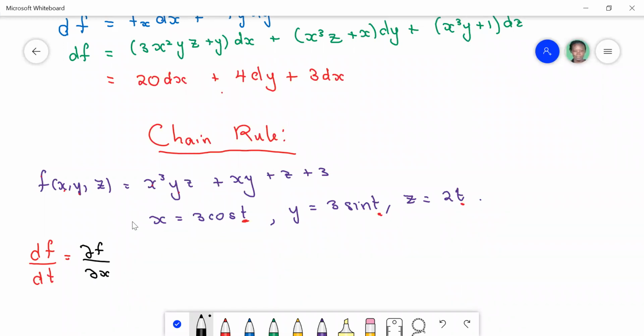Then I take the function x again and find the derivative with respect to t, so dx/dt. But what is x? x is equal to this, so I need to find the derivative of x with respect to t.